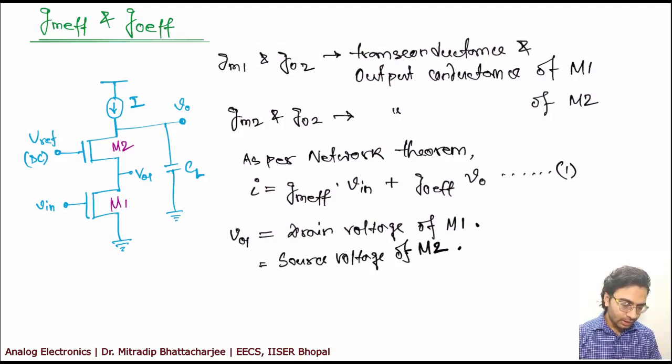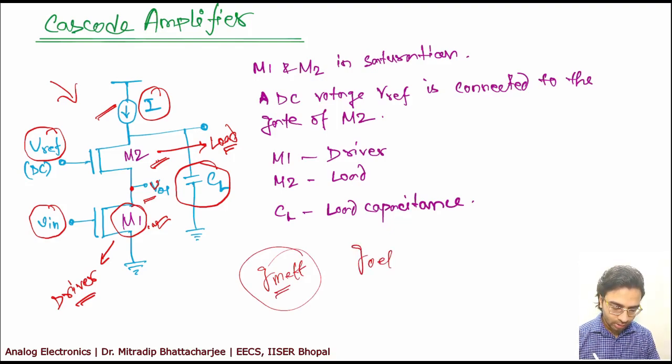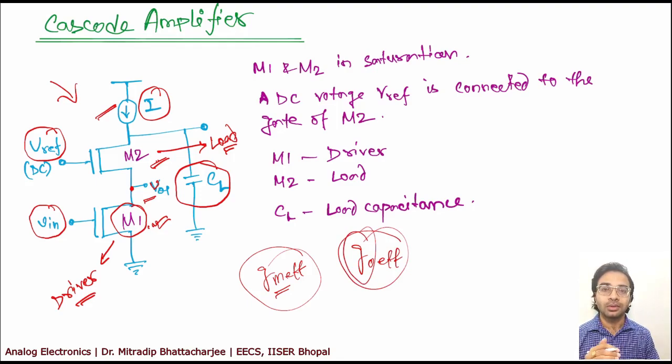Now, what is our objective in this case? Our objective is to find the effective gm value and the effective go value. go is the output conductance. So basically what I am saying is, you are trying to figure out the value of gm of this whole circuit and what the output resistance is.